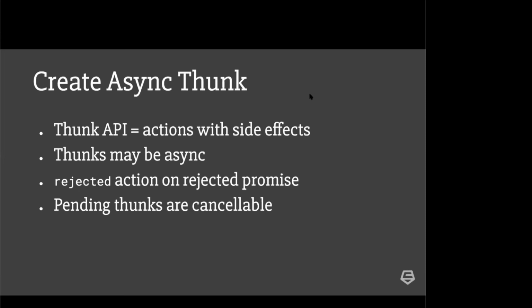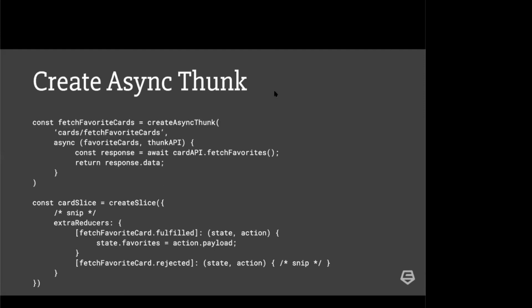But where it really shines is dispatching new actions depending on the return value of your async operation. So here's an example of create async thunk. You can see here, it's a little different from the promise of clean action creation, because the promises are more involved.